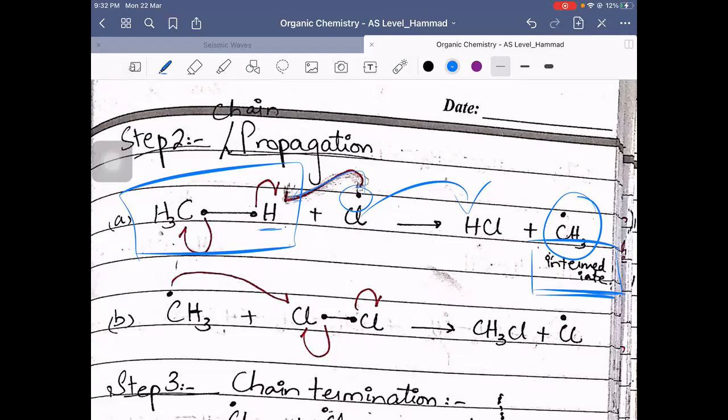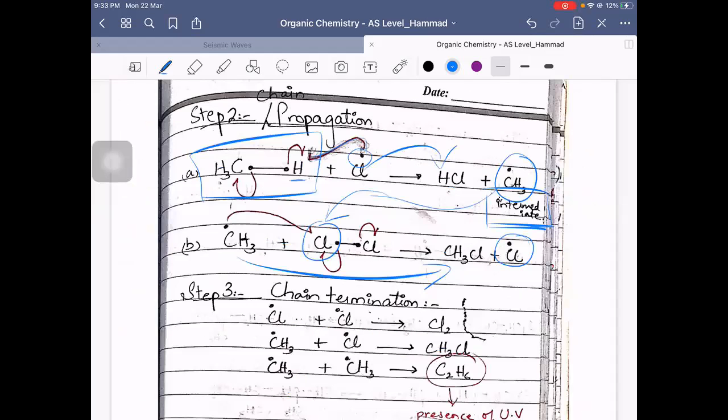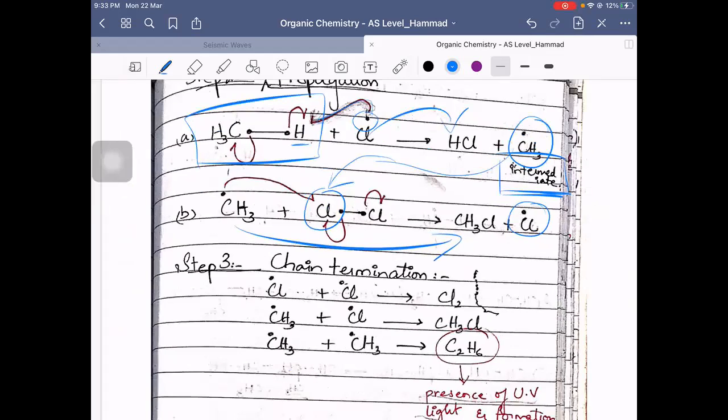This CH3 free radical is extremely reactive, so it will attack another chlorine molecule and therefore they form CH3Cl, thereby producing another chlorine free radical. This chain continues. Now the question is, how does the reaction stop? The chain termination.